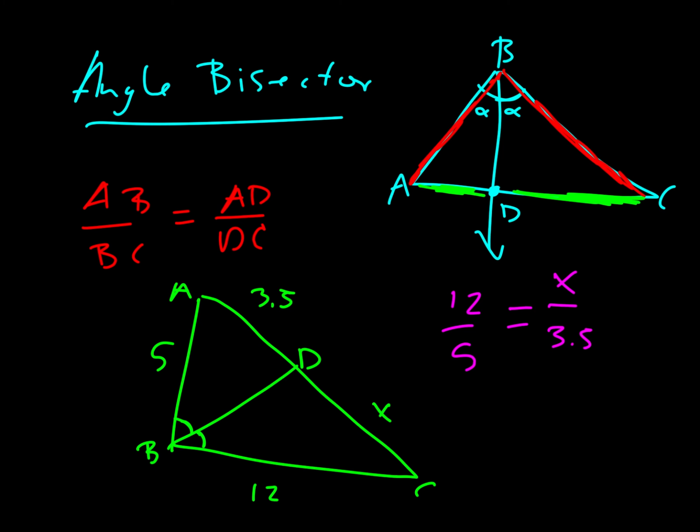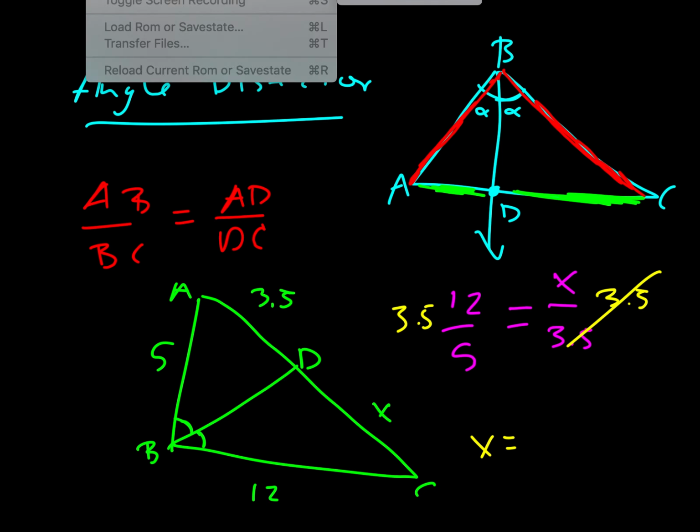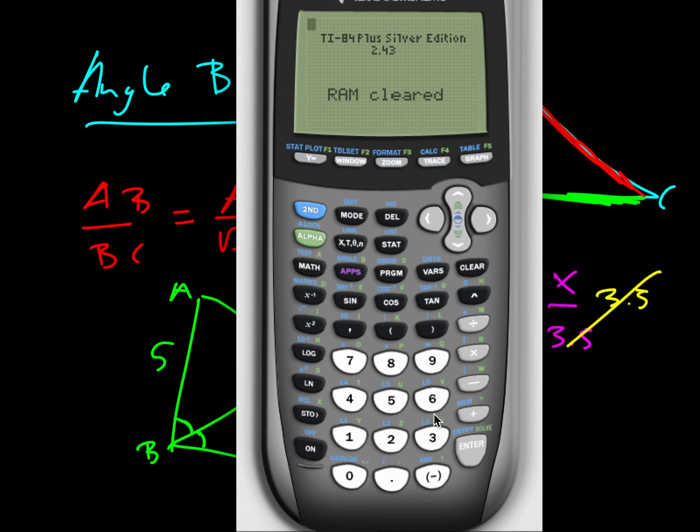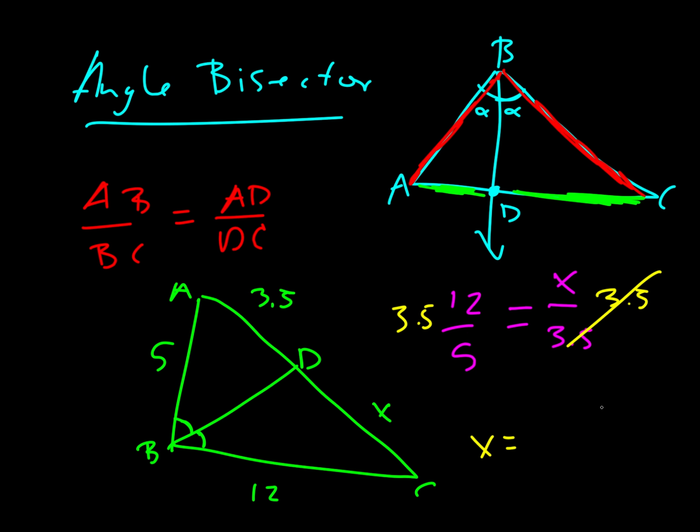So we just do a little bit of algebra, multiply both sides by 3.5, and so X is equal to 3.5 times 12 divided by 5. We get 8.4, and that's all we have to do on that one.